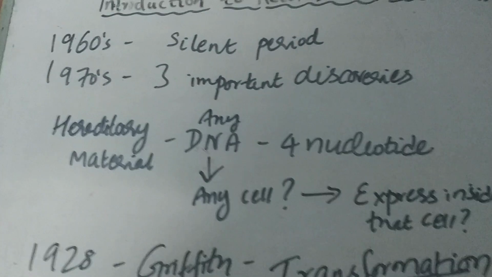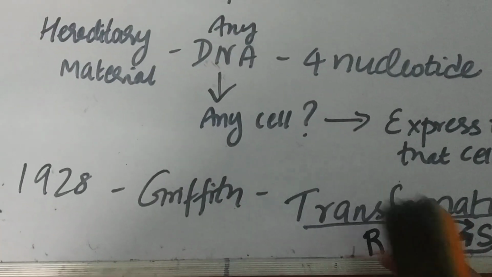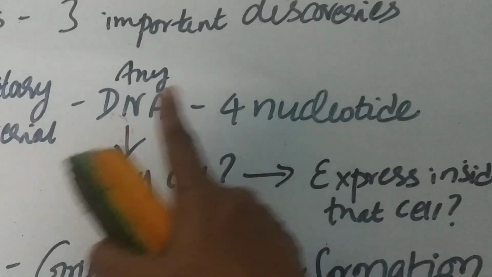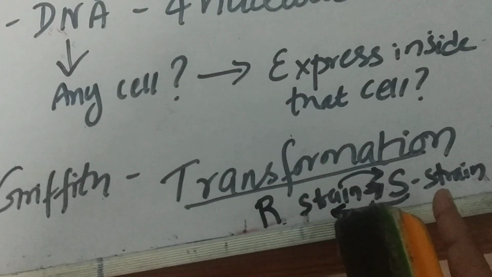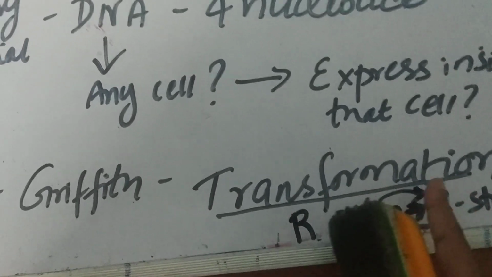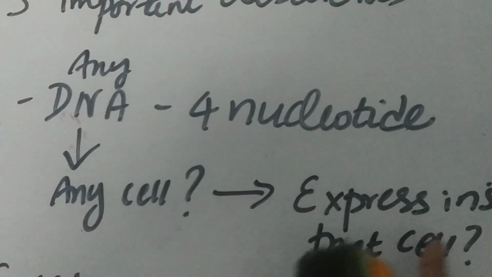Alright, so the transformation experiment by Griffith is what the scientists were trying to do over here. So is this only true with the DNA of S strain entering the R strain and converting it into S strain, or can any DNA go into any cell and then express in that cell? I hope you have understood this.